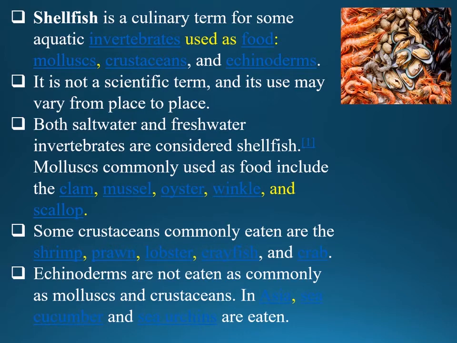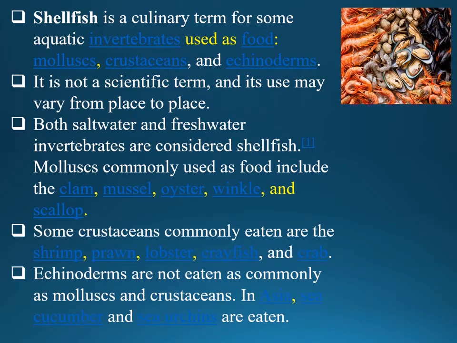I changed the color but it keeps coming back the same, so bear with me. Clam, mussel, oyster, winkle and scallop. Some crustaceans commonly eaten are shrimp, the small prawns, then prawn, which is bigger, and lobster.